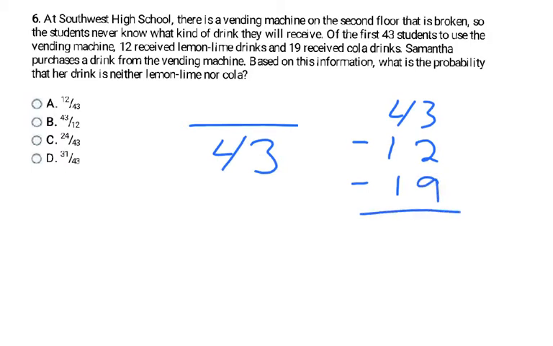And when I subtract those two numbers from 43, I'm left with 12. And so that 12 is what goes up here. And I can't reduce that fraction, so that just leaves letter A to be my choice, my answer. So that means I have a 12 out of 43 chance of getting neither lemon-lime or cola.